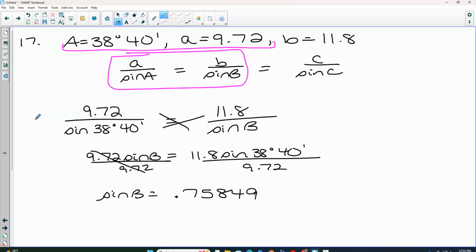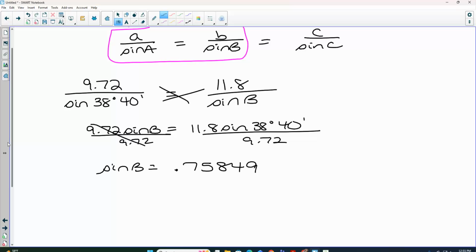Did you guys get 0.75849? Here's why it said two possible values for B. We know that sine is positive in both quadrants 1 and 2. To get my reference angle, we have to do sine inverse of 0.75849.